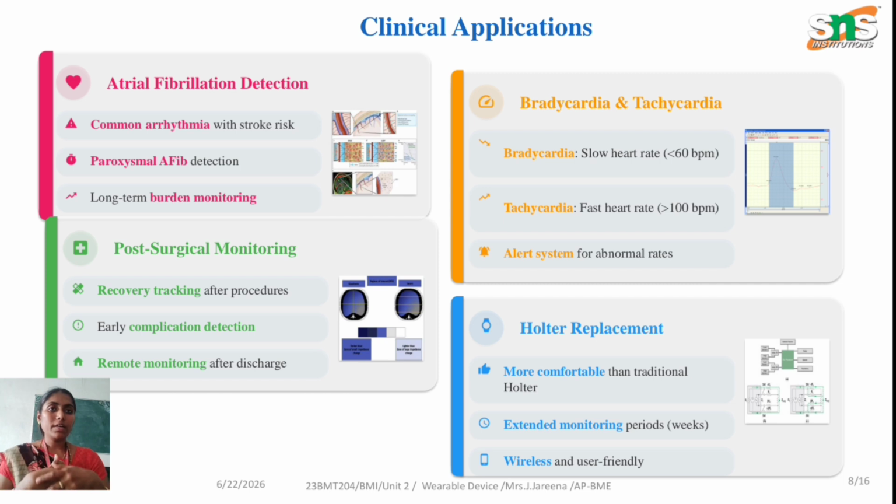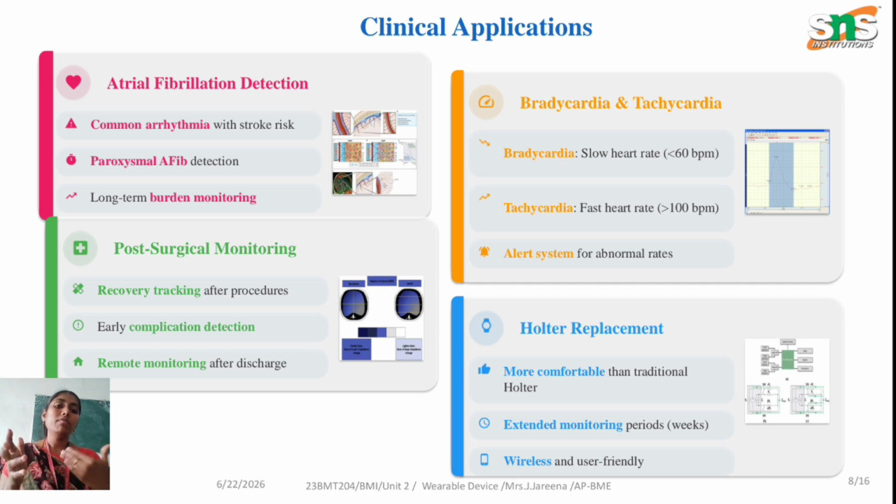So finally we have the clinical applications. We have atrial fibrillation detection, because the wearable cardiac monitor is exclusively for cardiac related problems. Whatever cardiac related problems, we can measure with the help of this. One such is post-surgical monitoring, like after bypass surgery or any serious surgery we have undergone over the heart, that we have to monitor after the surgery.